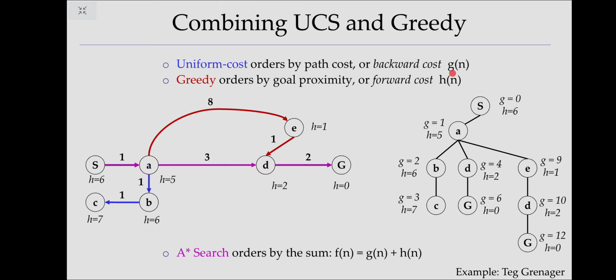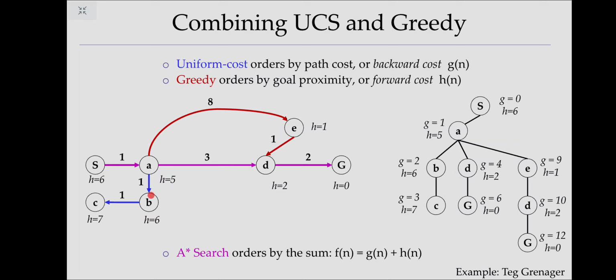This is backward cost and denoted with g(n). And the heuristic is a forward cost because it estimates the path cost between any node and the goal. We denote it with h(n). Now, the summation of g(n) and h(n) is denoted with f(n) and it's used by A star search.